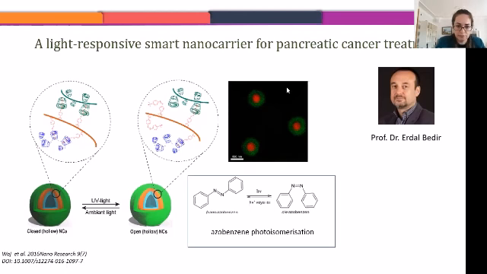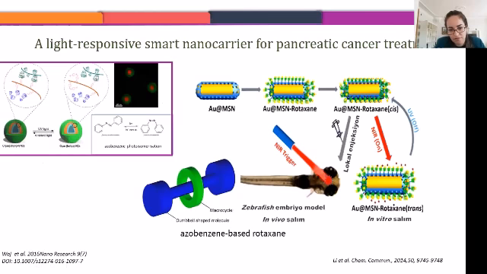What we change here is that from another very brilliant article, we have seen azobenzene-based rotaxane.